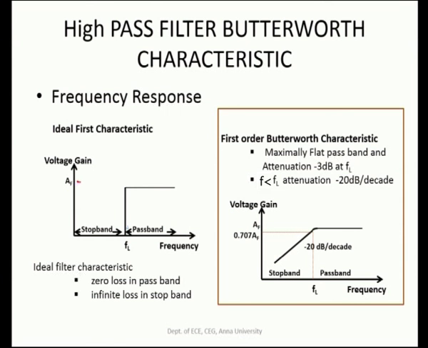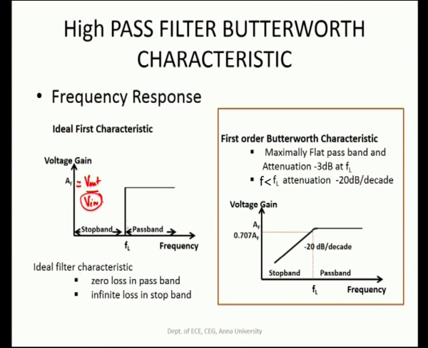So, AF here is V out by V in. The frequency of this V in is varied, and the gain that we get from the filter is plotted here. For frequencies greater than FL, V out is AF multiplied by V in.